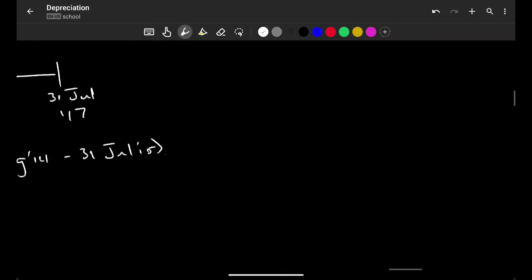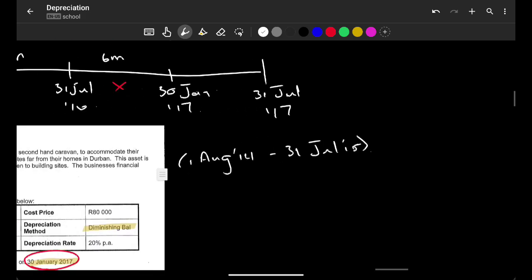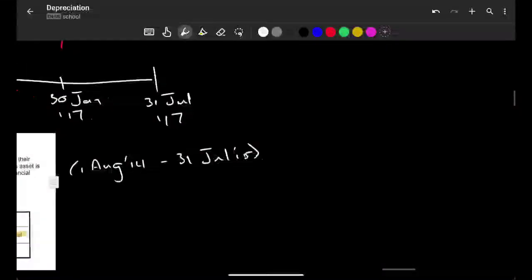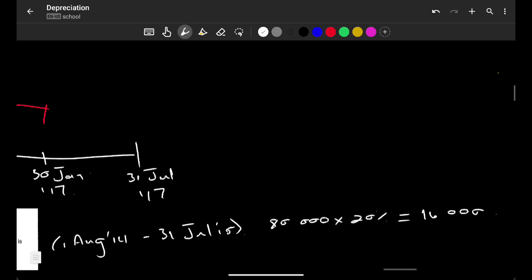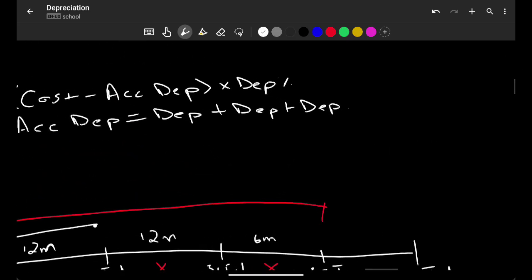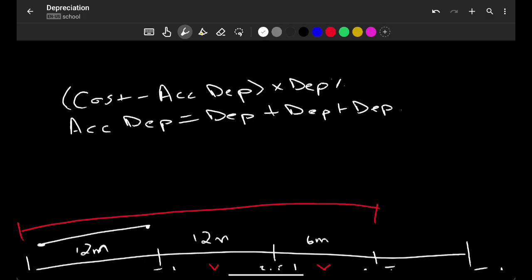So now we know that it's going to be cost, which is 80,000, multiplied by 20%, and then we have 16,000 there. Now accumulated depreciation, remember we said that it's the depreciation from previous years plus the current one, right?